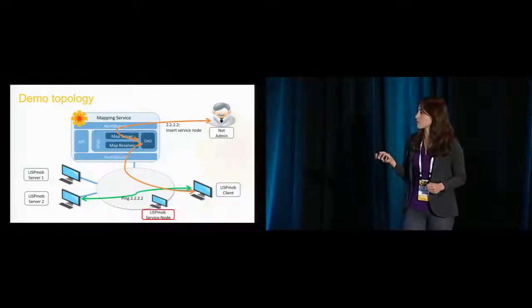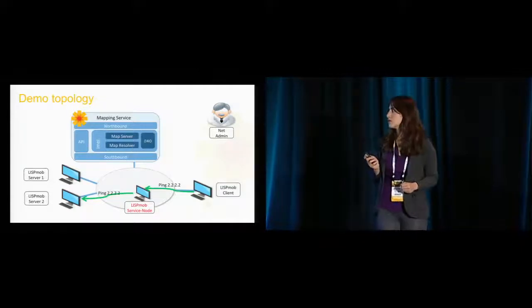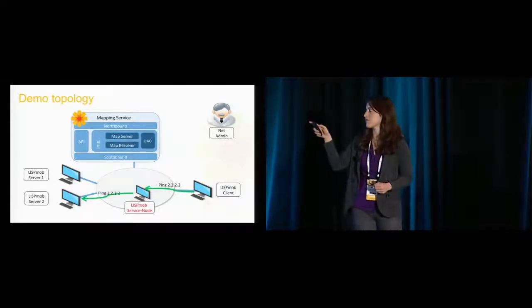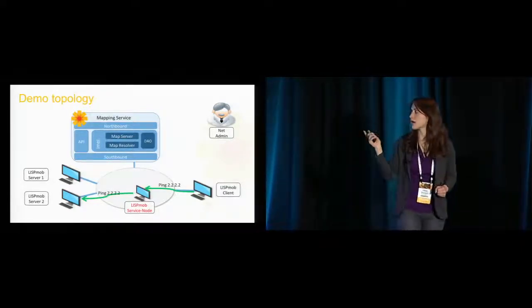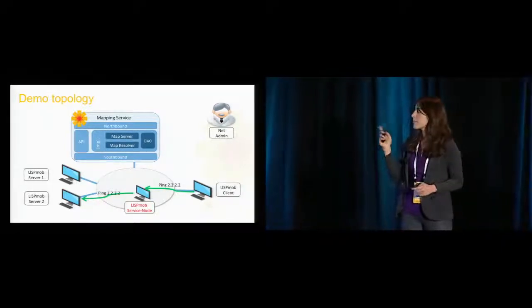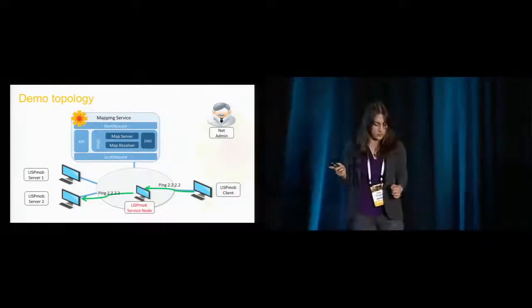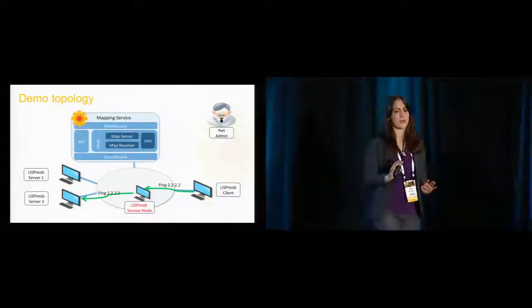Still going to server 2, of course. And so then the client is going to receive that policy change, and it's going to send the traffic to my service node, and then the service node is going to forward that traffic to the endpoint, the server.